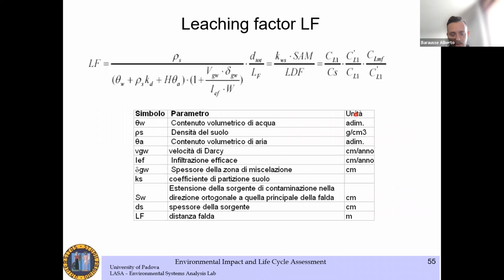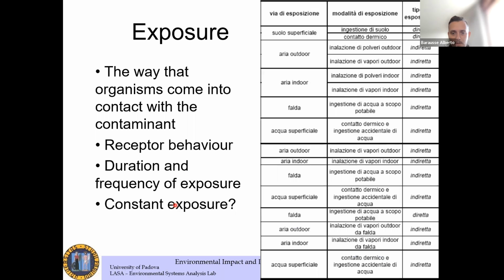So you can have simple, as I was showing, or very complex manners to calculate that leaching factor based on parameters such as the density of the soil, the Darcy velocity, the width of groundwater, the distance, and so on. These are very specific models and site-specific models.